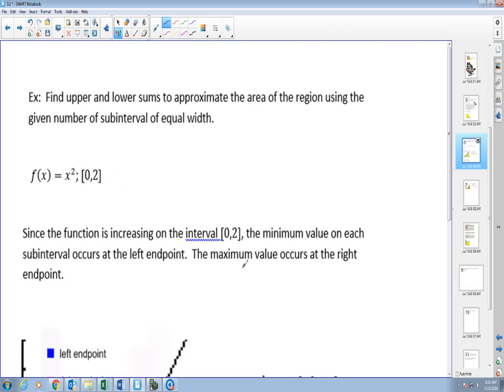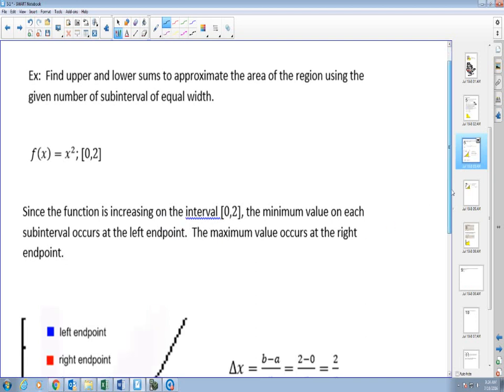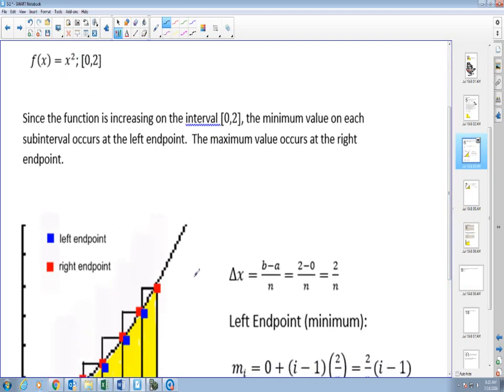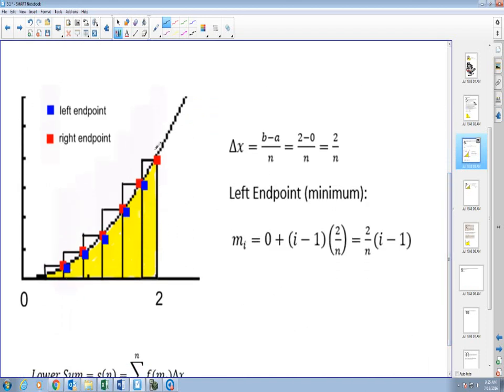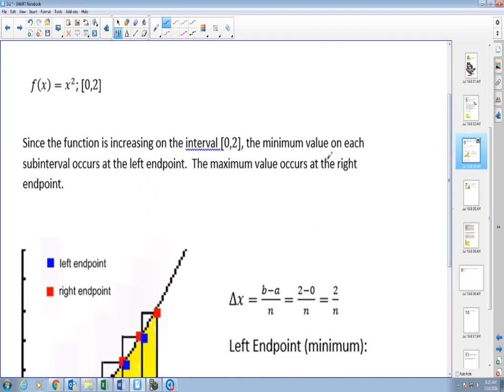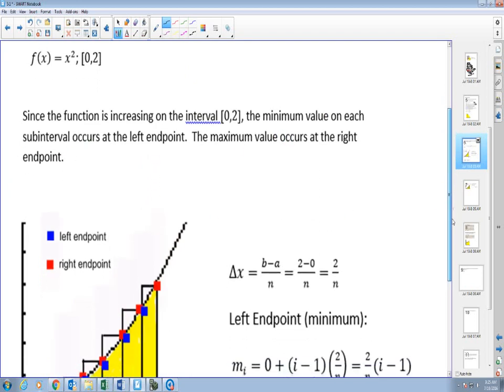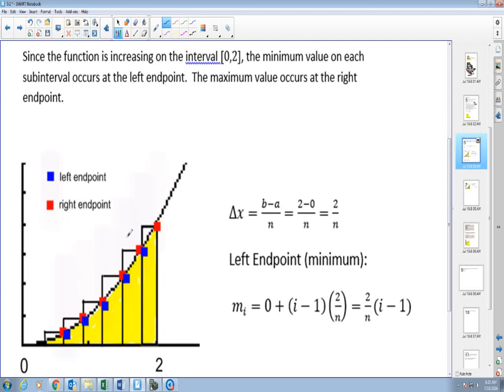Since the function is increasing on the interval 0 to 2, the minimum value on each subinterval occurs at the left endpoint.